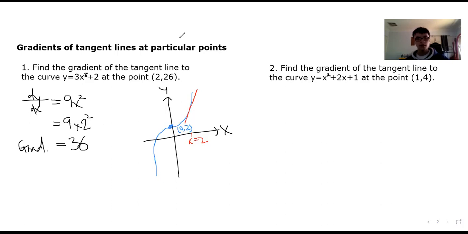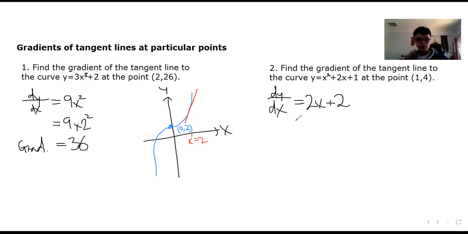All right. Next question. Find the gradient of the tangent line to the curve y equals x squared plus 2x plus 1 at the point (1, 4). First of all, we need to find the derivative before we find the gradient of the tangent line. Our derivative for the function is just going to be 2x plus 2.